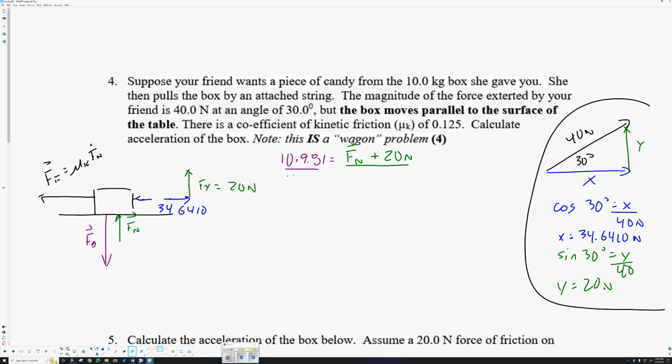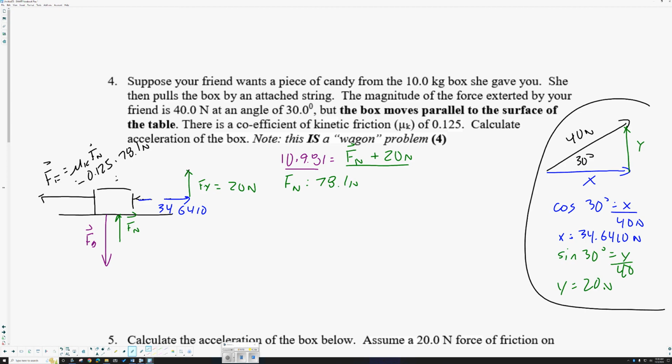When we rearrange this to solve for the normal force, we end up getting 78.1 newtons. So the force of friction is going to be the coefficient of friction, which is 0.125, times 78.1, rather than what a lot of people will put for this, which is 98.1. 98.1 would be the normal force if there was no upward applied force.